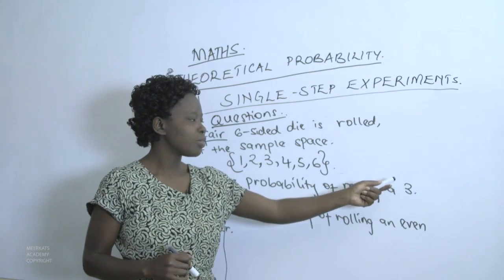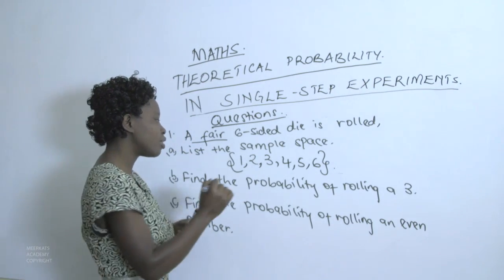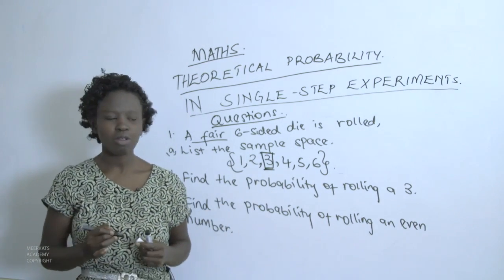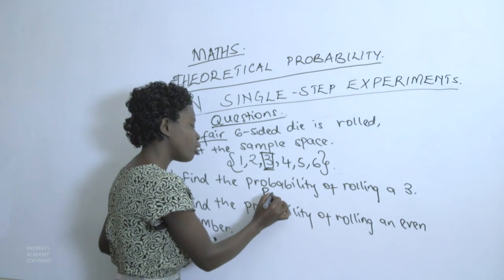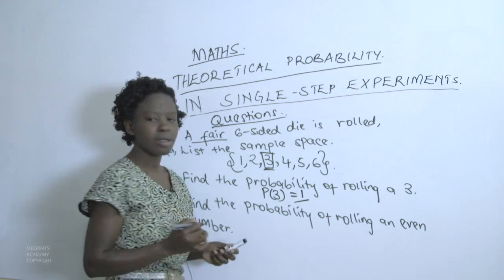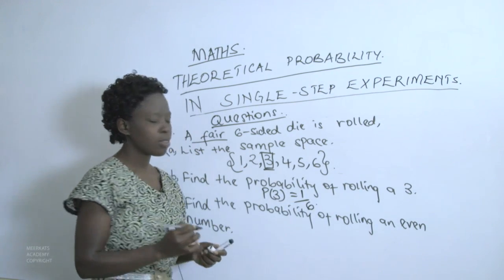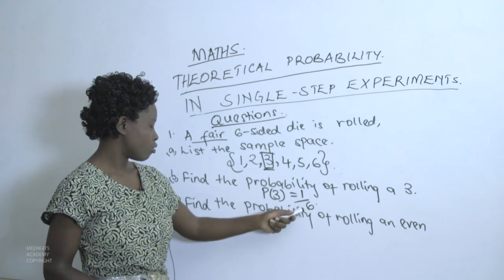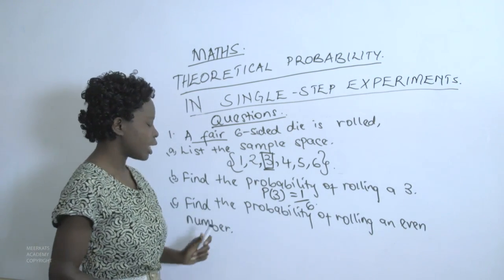In this case, we have only one 3. So the number of favorable outcomes for rolling a 3 is 1, then the total number of outcomes is 6. So it means the probability of rolling a 3 is 1/6.